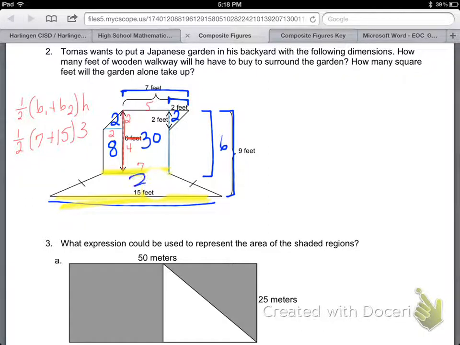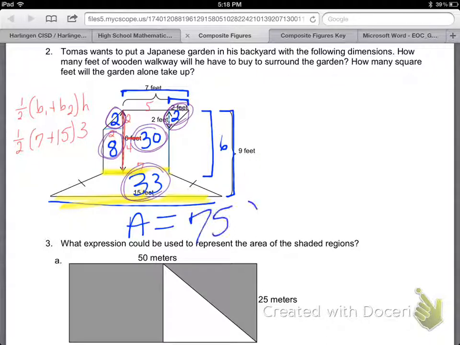So this is 33. So we need to add the 2, the 30, the 2, the 8, and the 33. If we add those, it will give us the area to be 75 feet squared, because area is always in squared units.